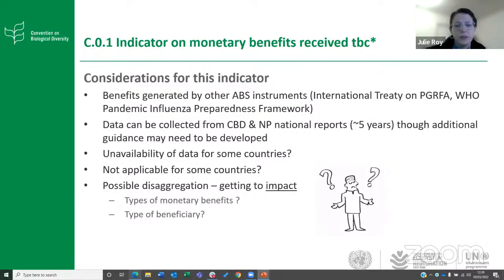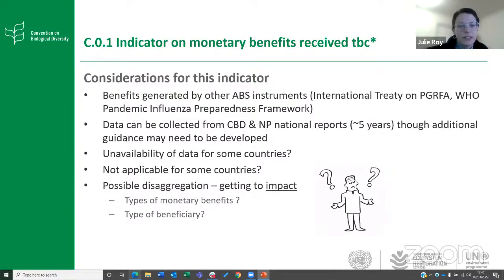And then there's also the type of beneficiary. So where are benefits really going? Are they reaching the local level? So here, ideally, we'd stay away from a number of individuals benefiting, but you could look at some very specific things such as national research institutions that are supported financially, traditional knowledge holders or groups or individuals that are compensated for sharing their knowledge and participating in research.